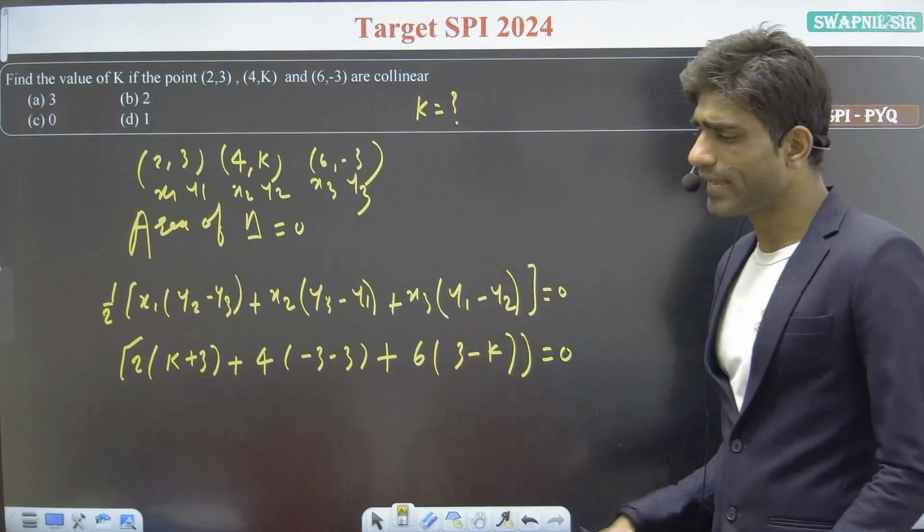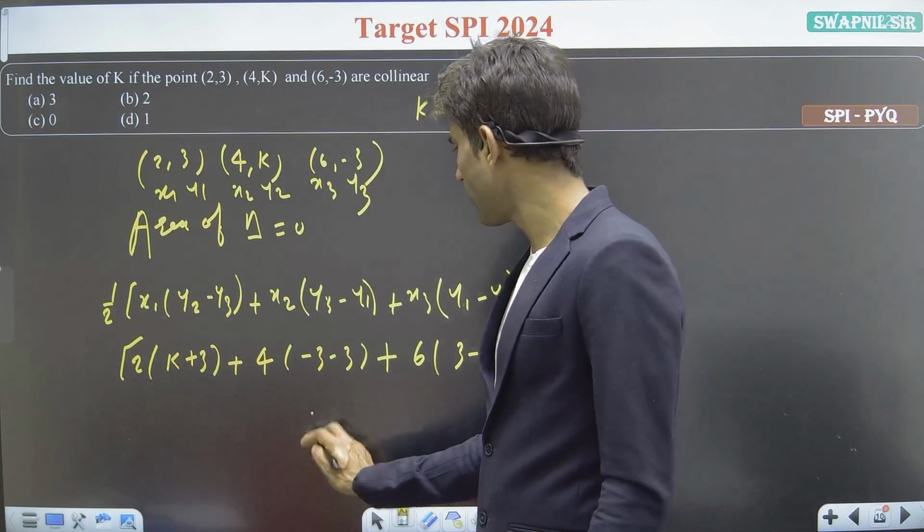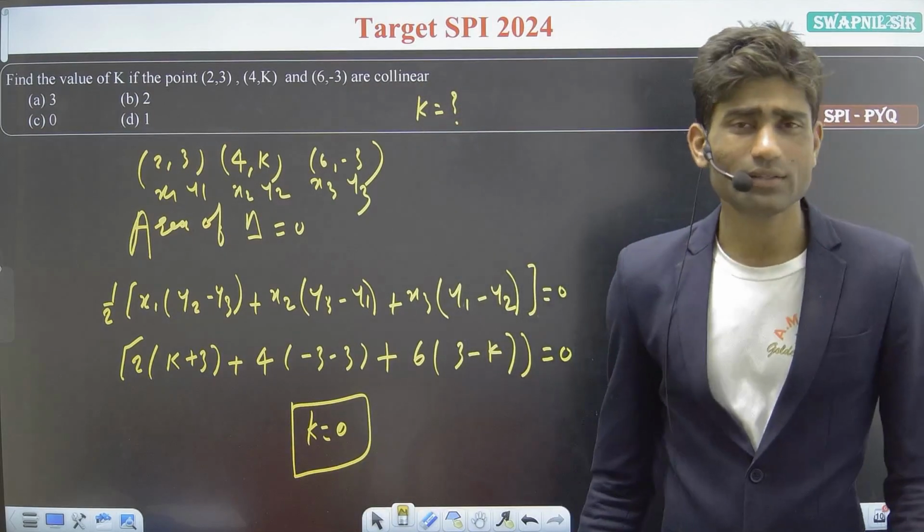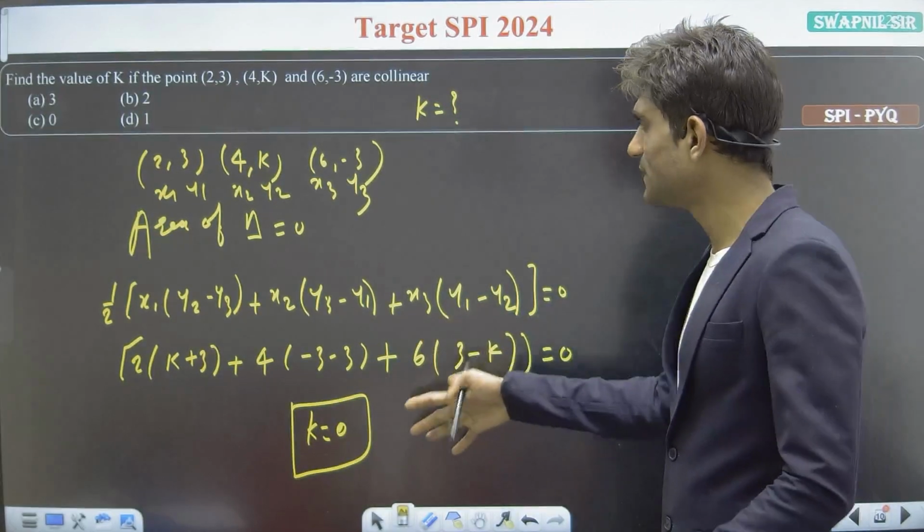Now after the calculation you will land on the value for k. I'm not going to find the value for k here, so you have to do the calculation later on.